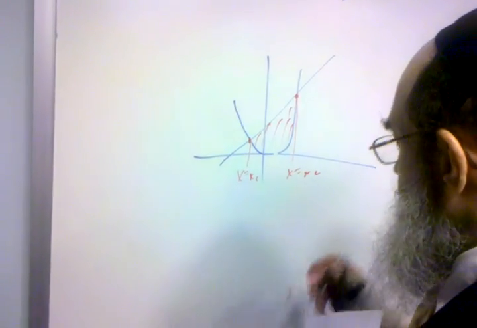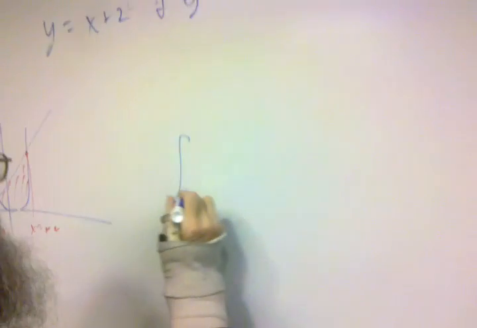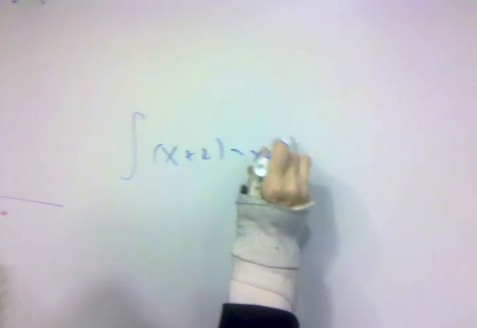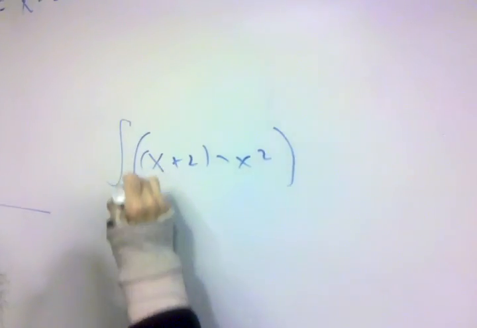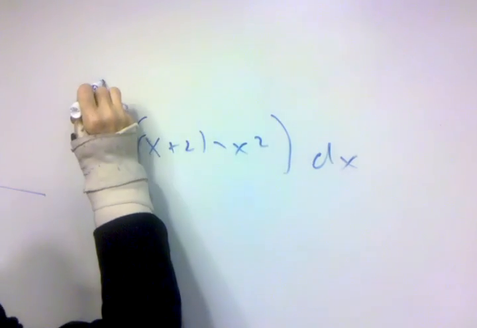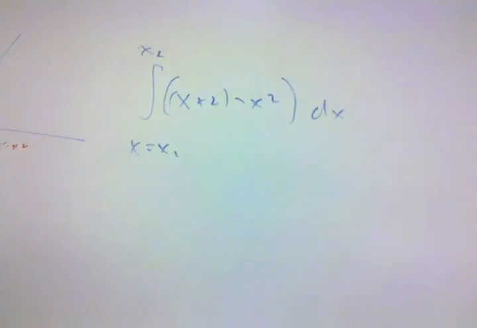Our answer is going to be the integral. Notice this curve is going to be on top because x plus 2 is like that. The graph looks like this. It's going to be x plus 2 minus x squared dx, and x goes from x1 to x2. So we have to first find what is x1 and x2.